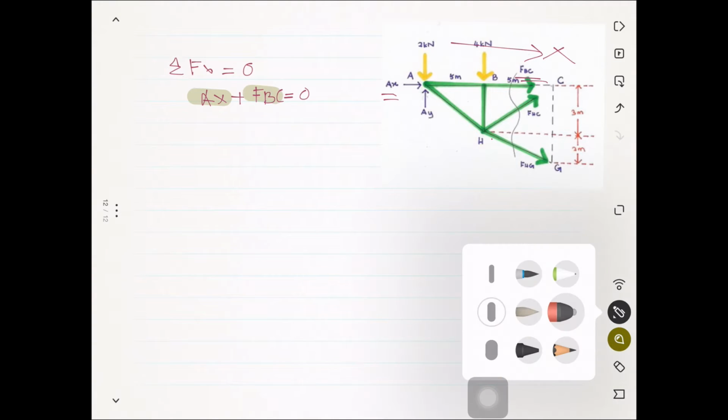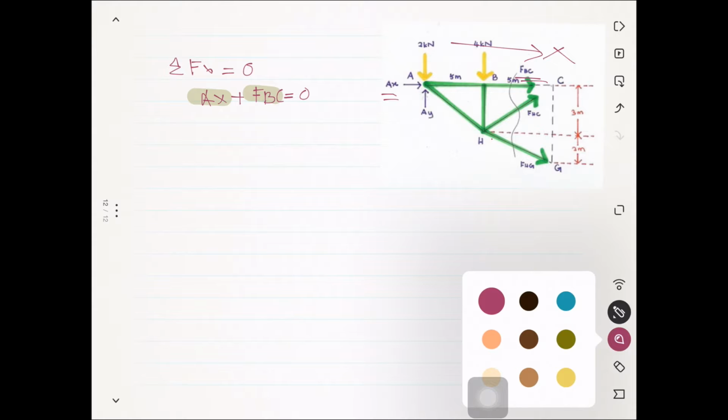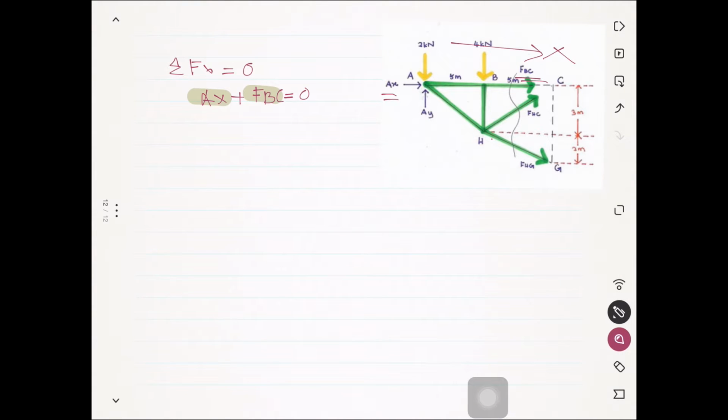Okay, so let's do the summation of moment at point H. Okay, point H. So moment at point H equal to 0. Okay, why do we not choose point A?